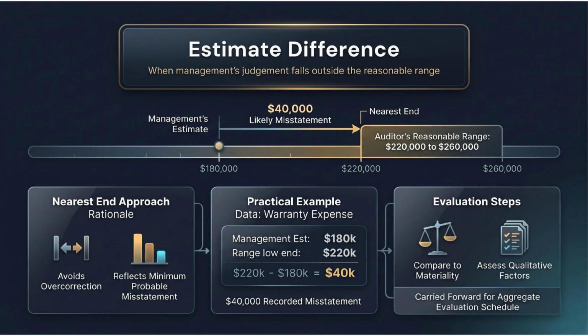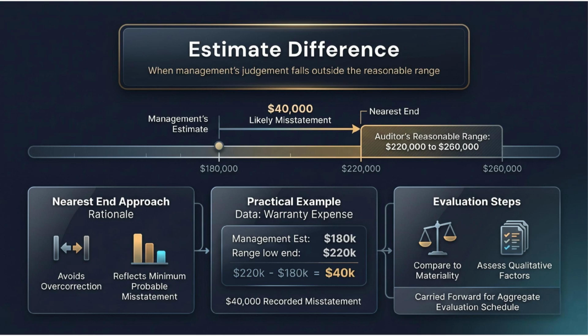Let us look at an estimate difference. Suppose management estimates warranty expense at $180,000. The auditors perform an independent analysis and conclude that the reasonable range is $220,000 to $260,000. Management's estimate is below the low end of the reasonable range.